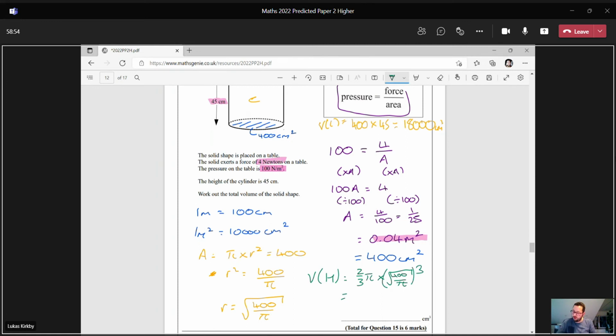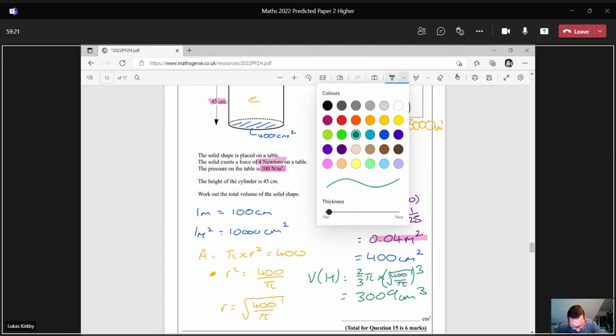Okay, so let's do all of this then. 2 over 3 pi times 400 over pi, cubed. Okay, and we end up with 3009, let's say, centimeters cubed.